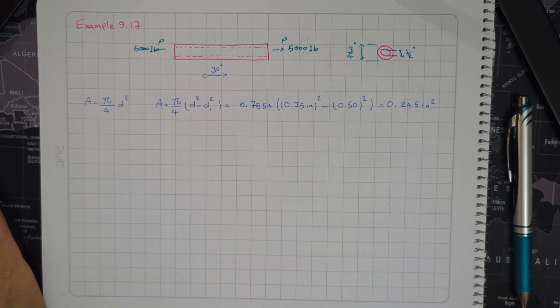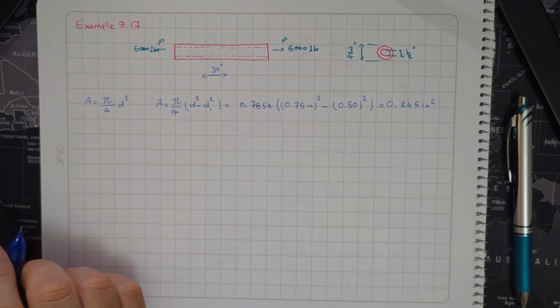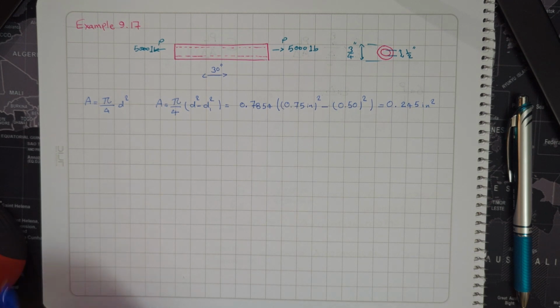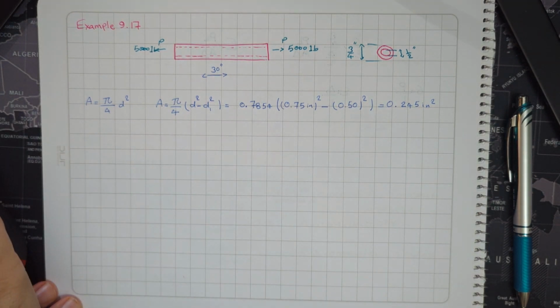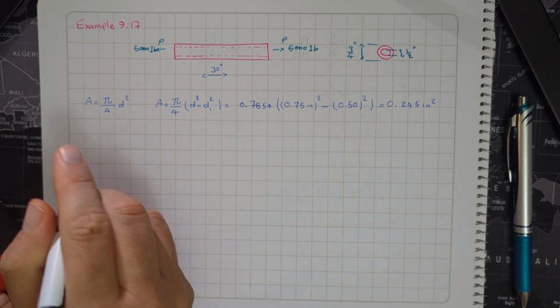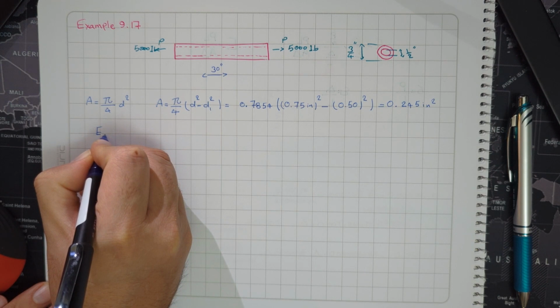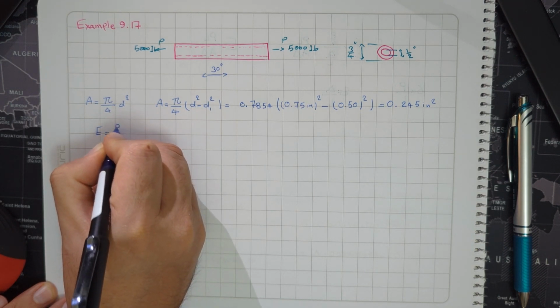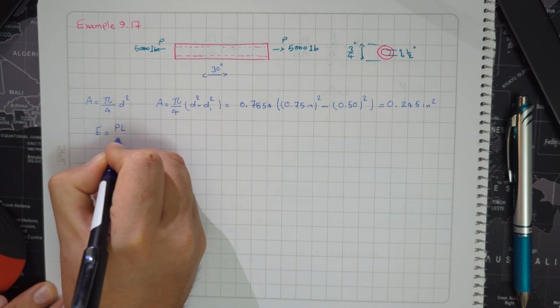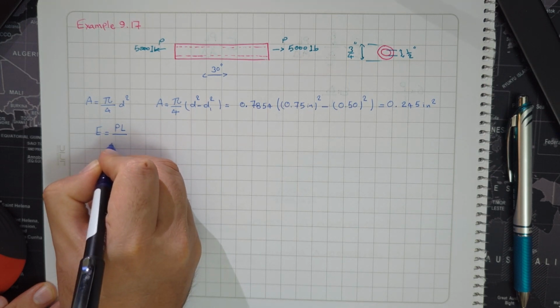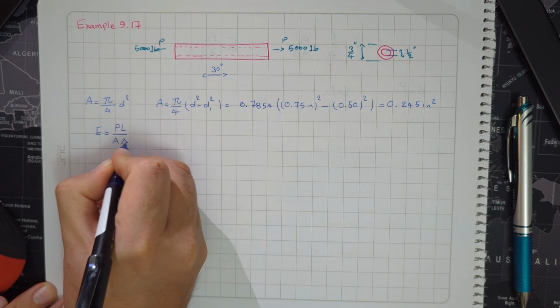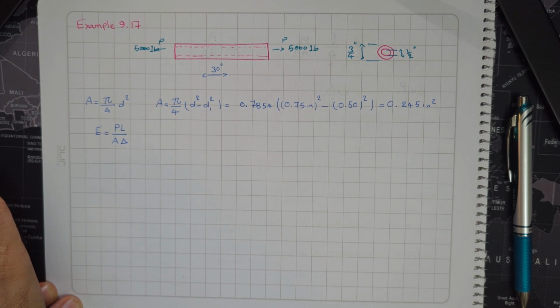All right. And now we want to calculate the axial deformation or elongation. As we had it before, the formula I just explained to you, modulus of elasticity is PL over A delta, right?